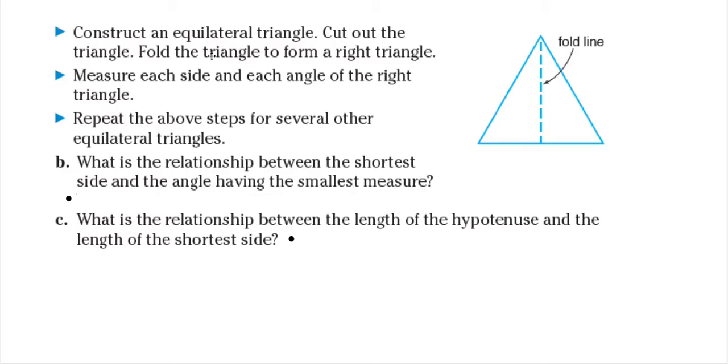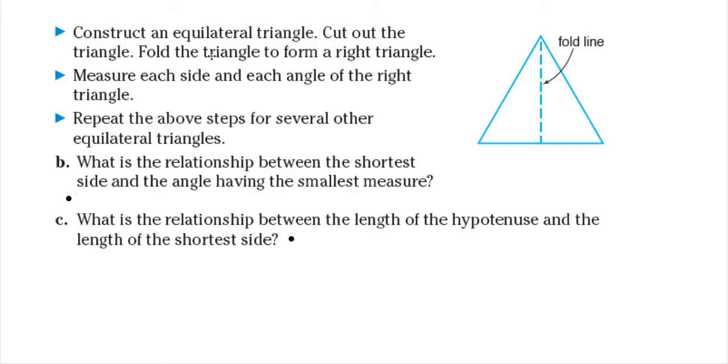We're asked to make a right triangle out of our equilateral triangle. What do we know about our triangle? We know that a triangle has a total measure of 180 degrees.